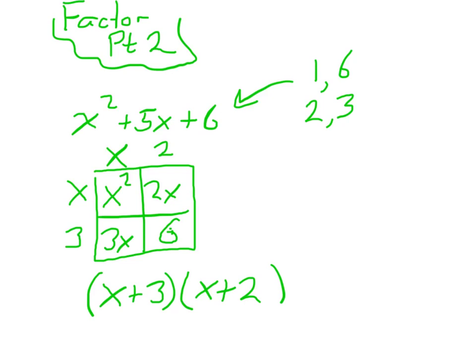So we've now gone full circle. While factoring takes you from here into this factored form, using FOIL or finding the product goes the other direction. So we've gone 2 directions here. FOIL and finding the product goes this direction. Factoring goes this direction. Okay?